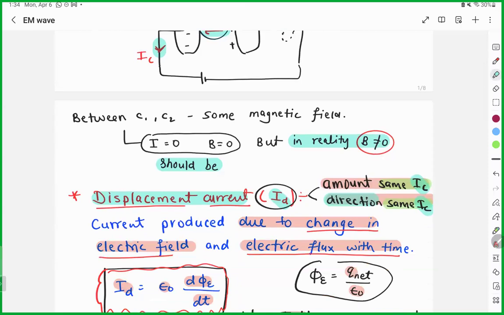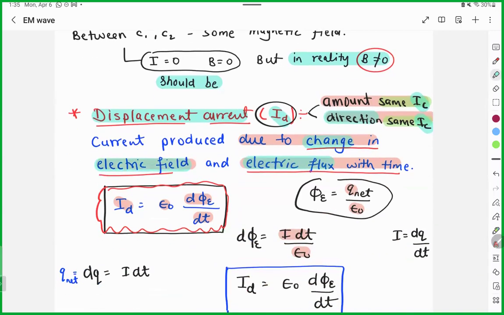What is the reason for this displacement current? Change in electric field and change in electric flux. Correct? So displacement current is a very important concept.